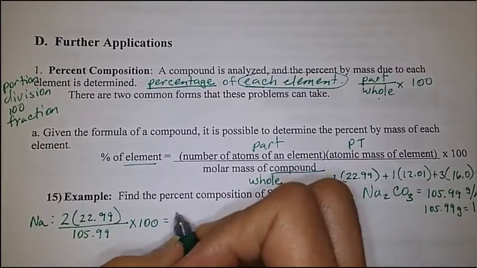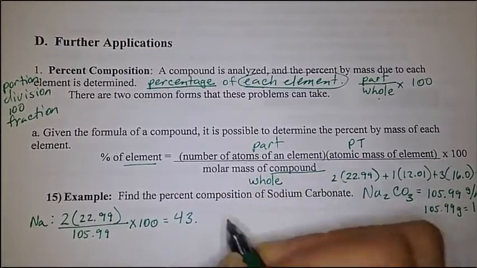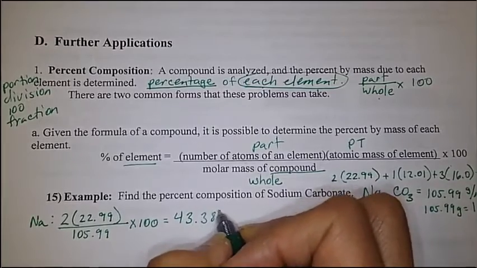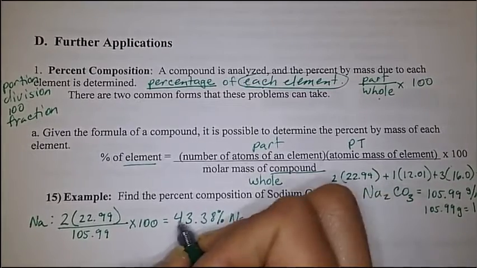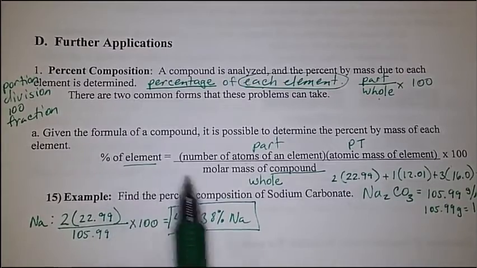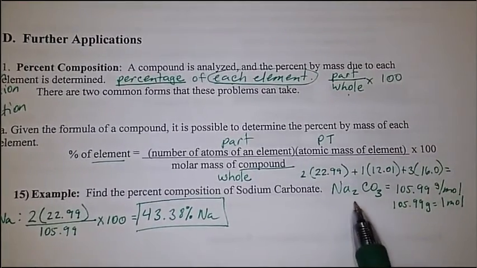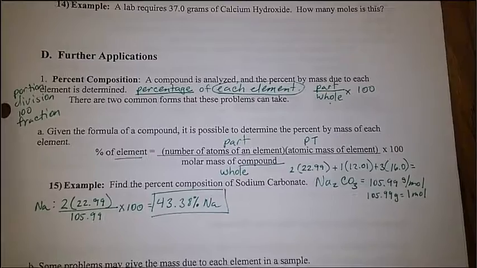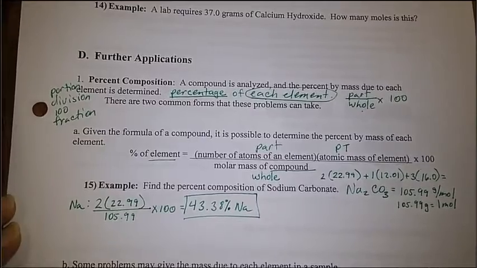And you should get 43.38% of sodium. That's one element that is in sodium carbonate. Let me make it smaller. There, you can see everything.